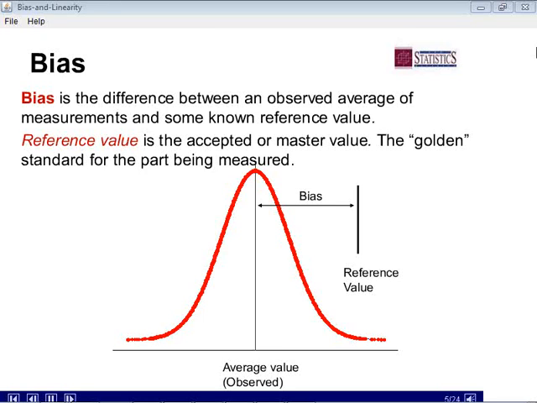The diagram you may have seen in many other publications shows what you're doing: you're taking measurements, which hopefully are normally distributed, and your average value is off from the reference or master value. The difference between those two is your bias. Of course, you'd want the bias to be quite small. That's better accuracy.